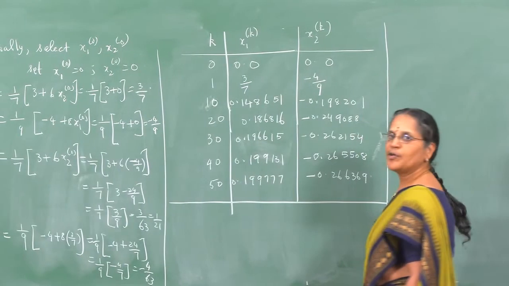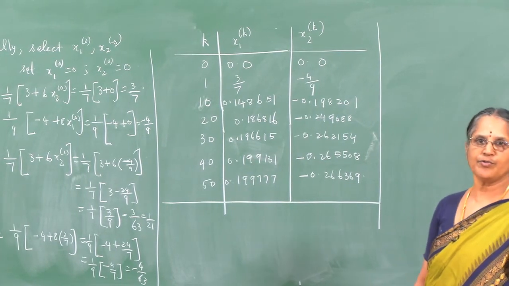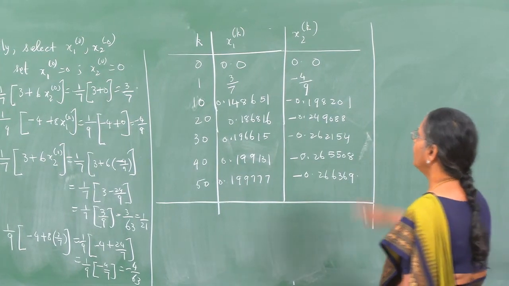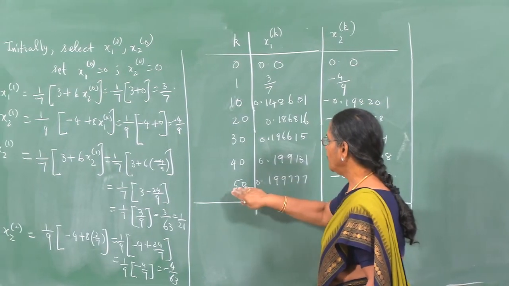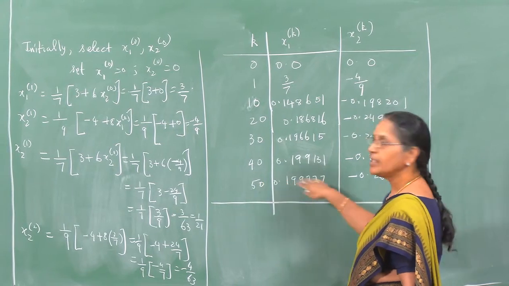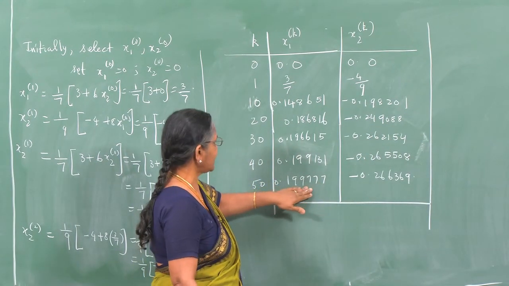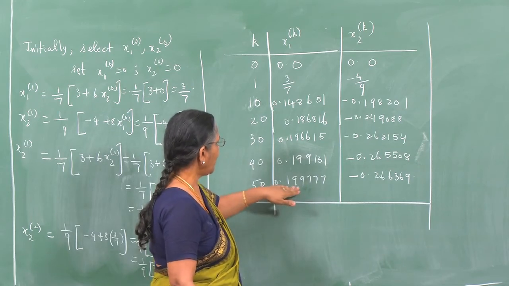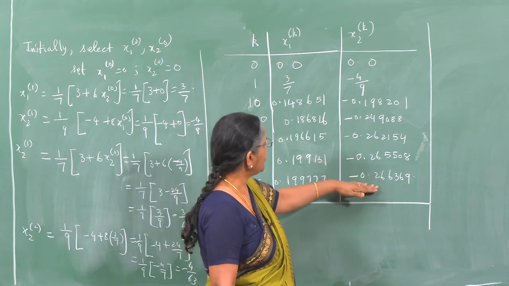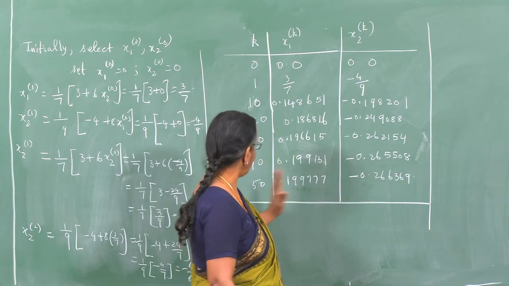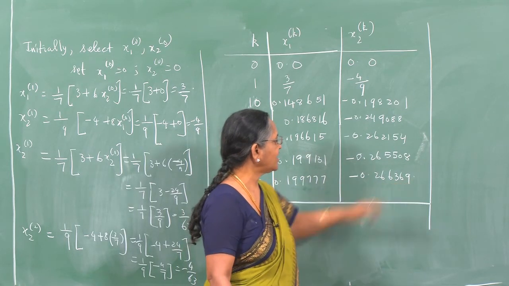And suppose say we are asked to do 50 iterations and produce the solution. So, we have listed in the table the solutions up to 50 iterations that we have performed, and we see that x1 at this step turns out to be 0.199777 and x2 that we have obtained at the 50th iteration as minus 0.266369.